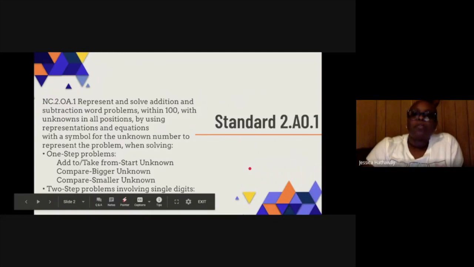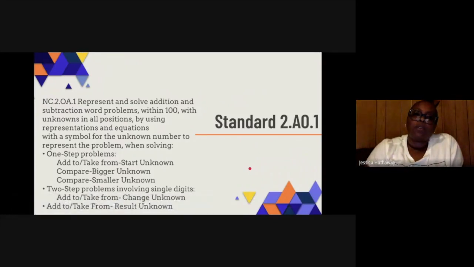So this week we'll be on standard 2.OA.1. This is a lot to look over, so if you want to pause and read it over, I'm just going to go through it briefly. NC 2.OA.1 represents and solves addition and subtraction word problems within 100 with unknowns in all positions by using representation and equations with a symbol for the unknown number to represent the problem.